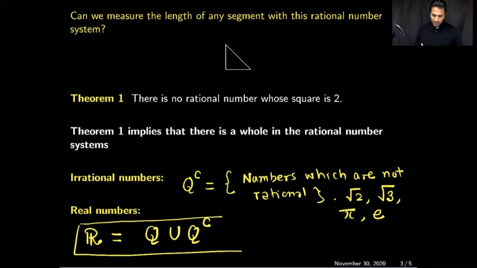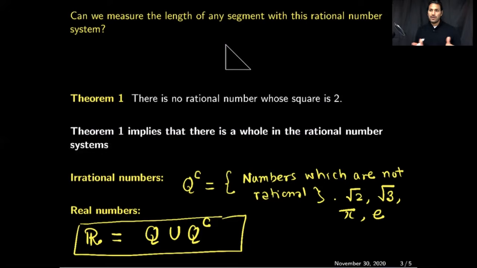We will also prove at some point that this number system is complete. Basically, all the mathematical operations which we need can be done using this real number system. And also we have studied that all the theory of calculus was based on this number system, the real number system. So this is the largest number system we have.